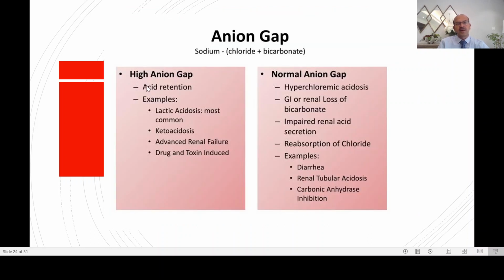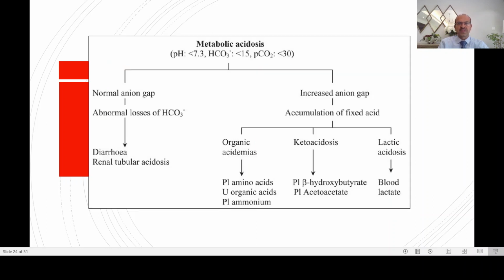Again, high anion gap can be due to acid retention, and examples include lactic acidosis, ketoacidosis, advanced renal failure, and drug and toxin induced causes. Normal anion gap can be seen in hyperchloremic acidosis, GI loss of bicarbonate, impaired renal acid secretion, reabsorption of chloride, and so on.